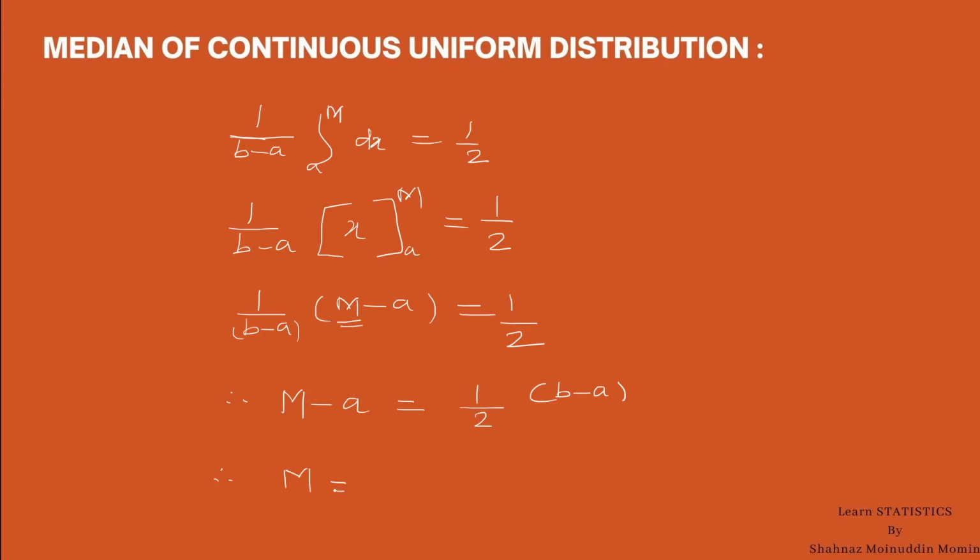Take the value of a to the right side, then it becomes plus a plus b minus a divided by 2.